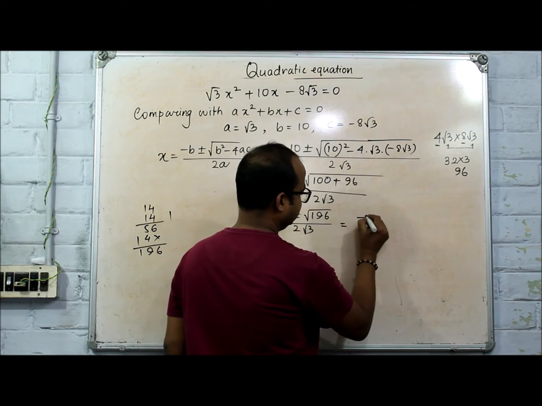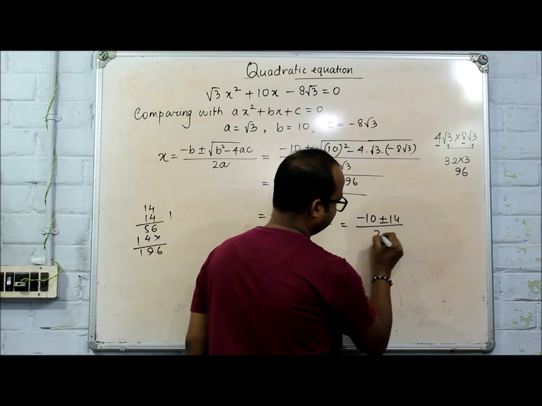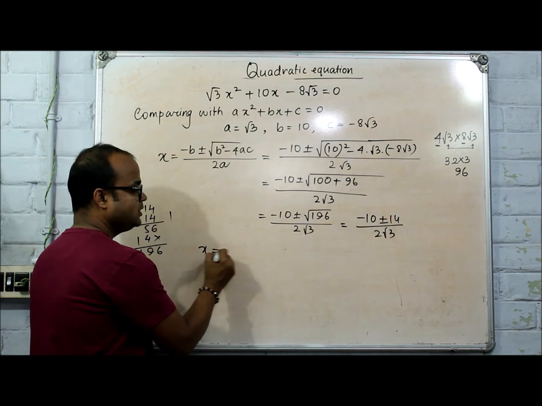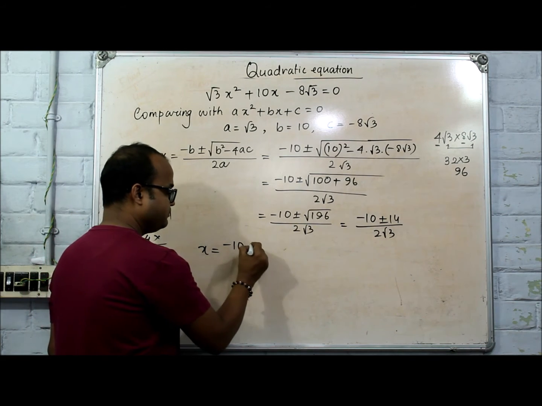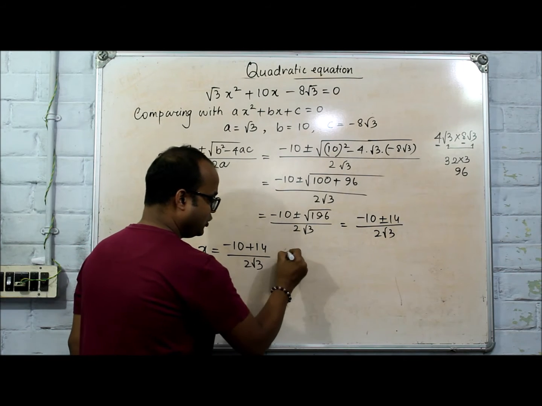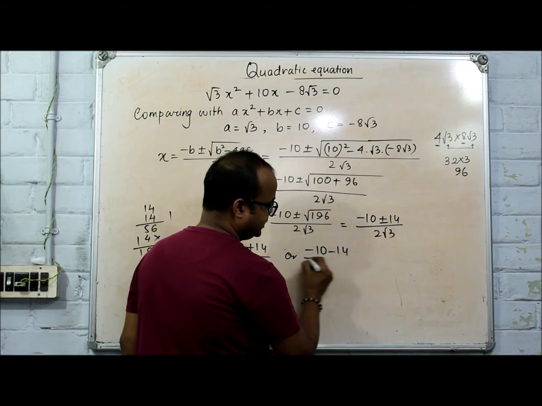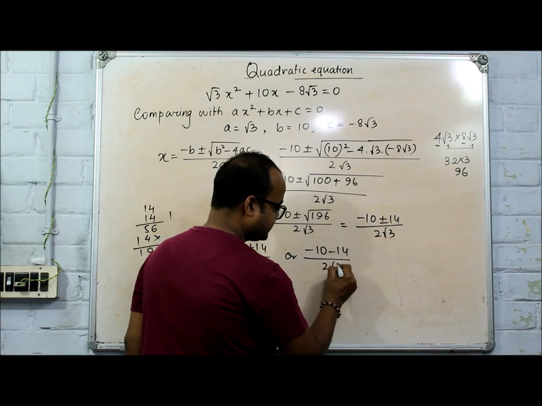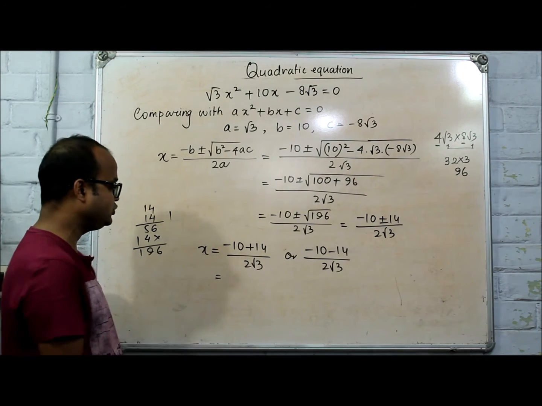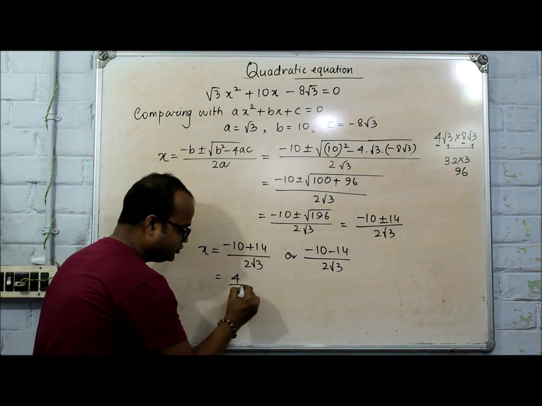So we will get minus 10 plus minus 14 by 2 root 3. Therefore x is equal to minus 10 plus 14 by 2 root 3 or minus 10 minus 14 by 2 root 3. Simplifying, minus 10 plus 14 is equal to 4 by 2 root 3.